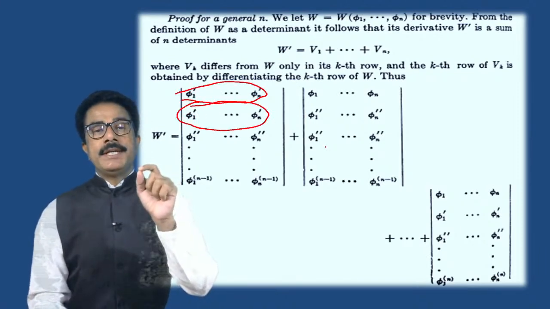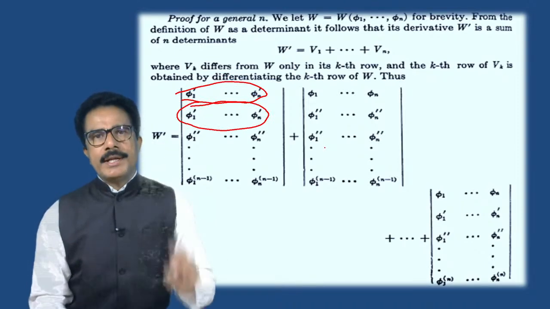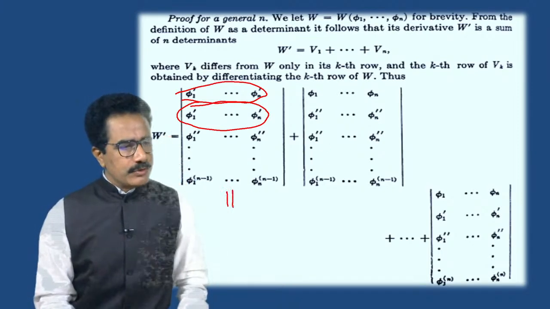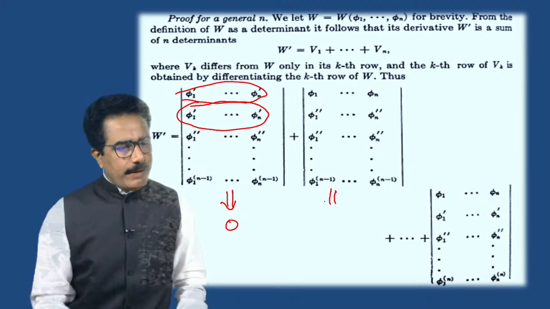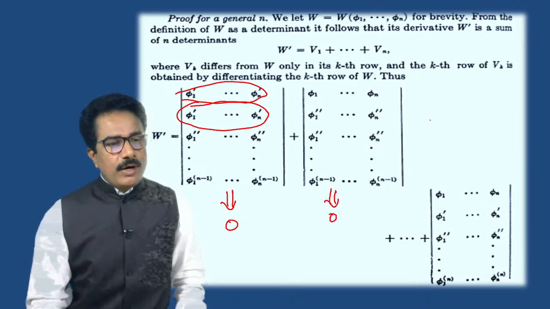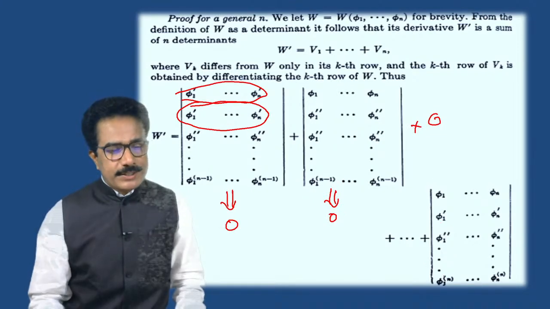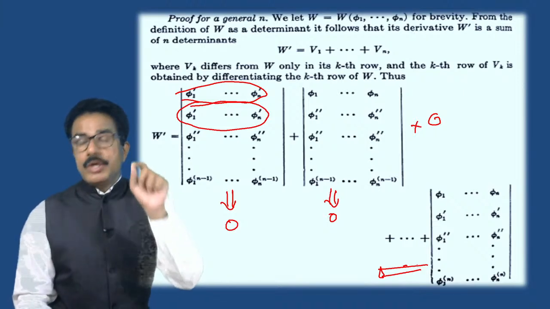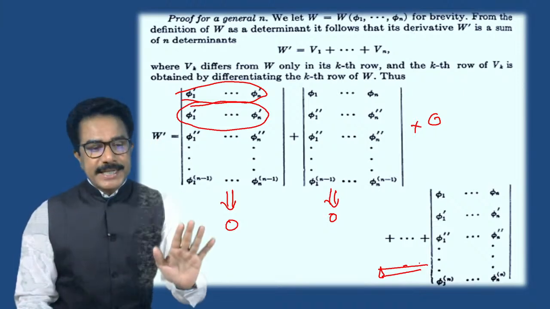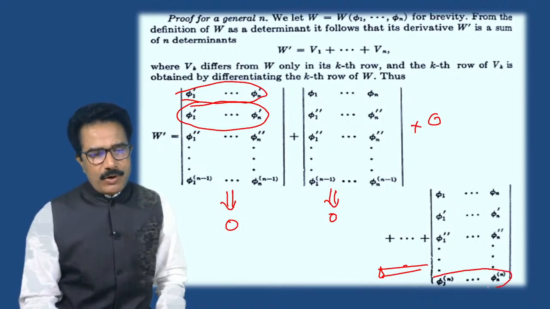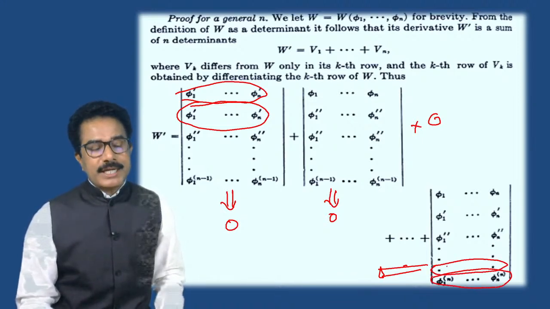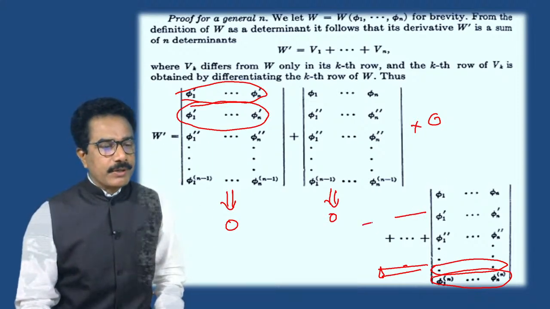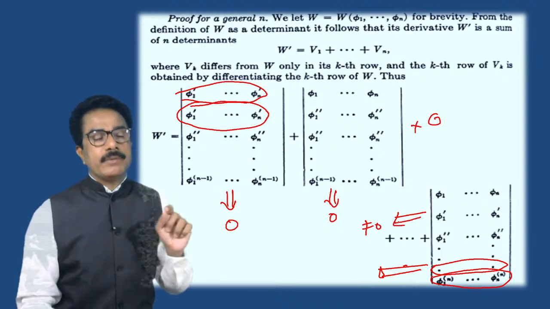According to the property of determinants, if any two rows or any two columns are identical, then the value of that determinant is 0. So the value of this determinant is 0, the value of that determinant is 0, the value of the third determinant is also 0. But in the last determinant there are no two identical rows. Here this is a different row, the one before it is of n minus 1, so the rows are not the same. So it is not equal to 0.